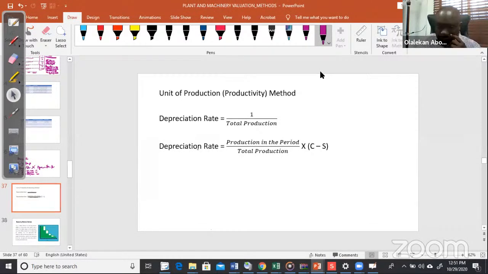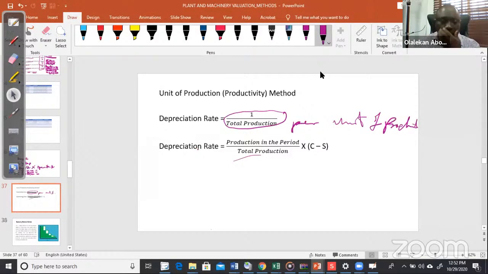Let me show us. What I've said is that at this point, this will give us the rate. This is the rate per unit of production, right? Per unit of production. That is per unit, either measured in carton, in bottle, in sachets, as the case may be, or even in units, okay, per unit of production.